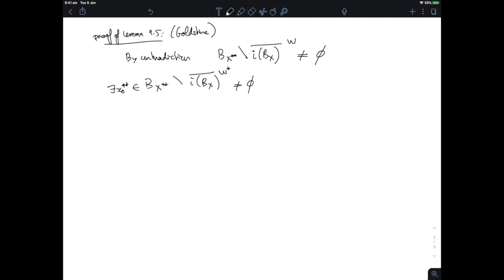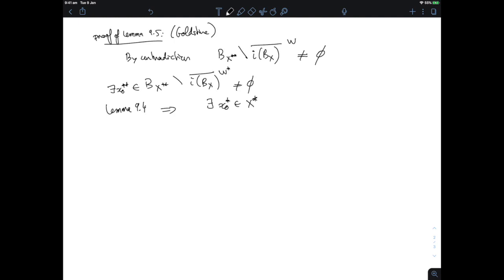So I can apply lemma 9.4, and lemma 9.4 will tell me that I can find an element in x star, let's call it x naught star. So I apply lemma 9.4 not in x looking at x double star, but I apply it in x star looking at x double star.